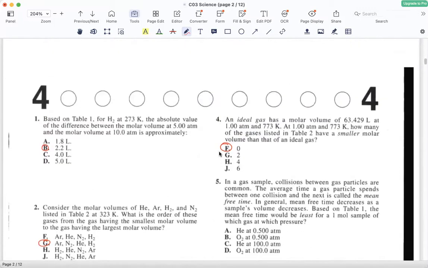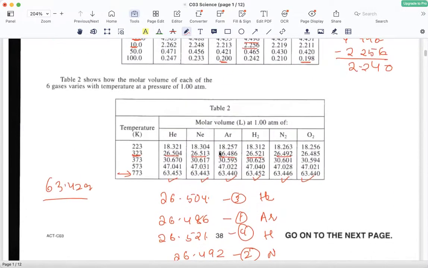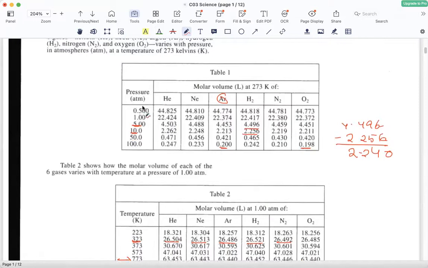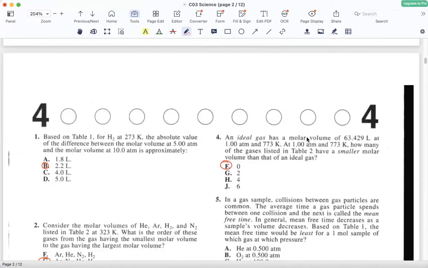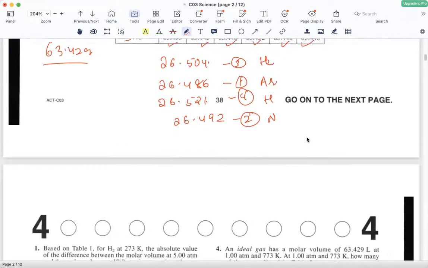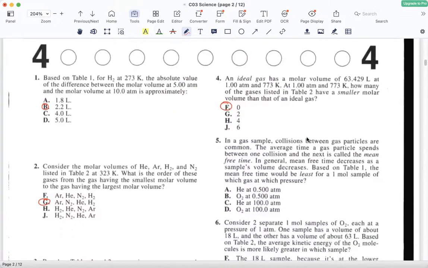Okay, so you have helium and oxygen at 0.5 and 100. So we are looking at helium and oxygen, right? So the mean free time would be the least for the lowest volume, which would be oxygen at 100 pressure, right?